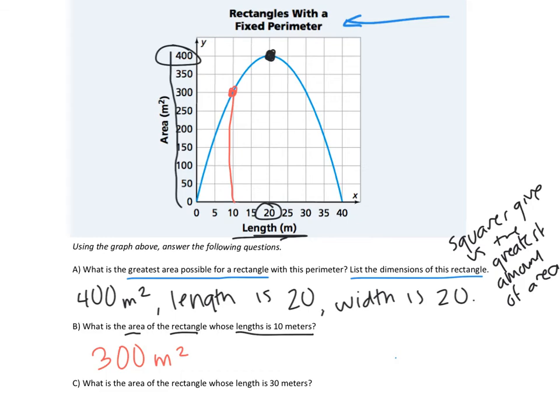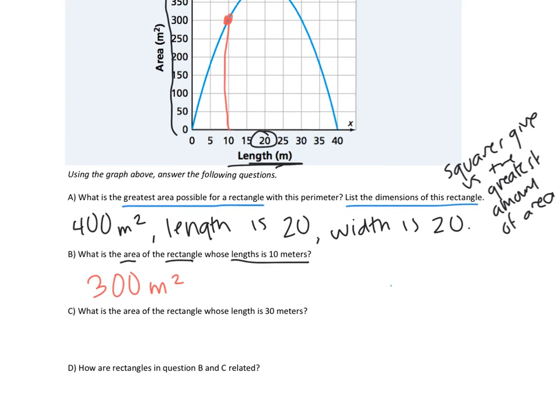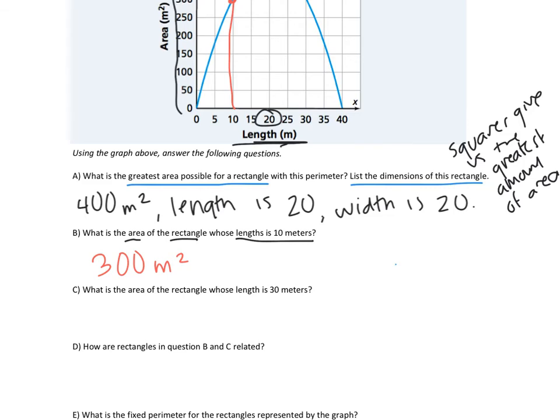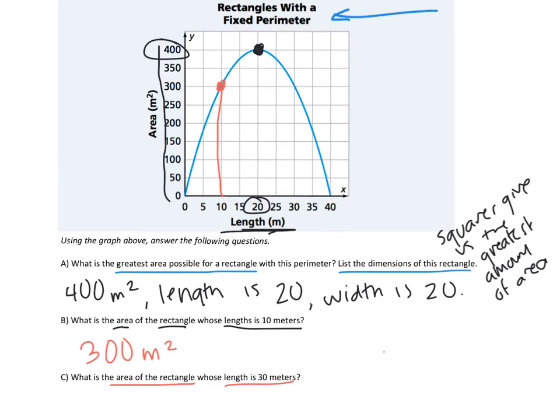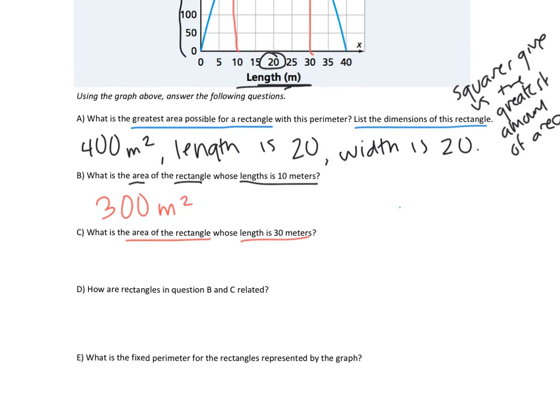And then the next one, the area of the rectangle whose length is 30 meters. Well, hopefully you might have guessed it. If I look at my graph, it's also 300 meters squared.